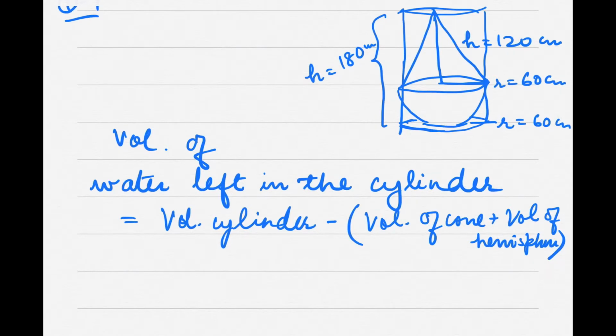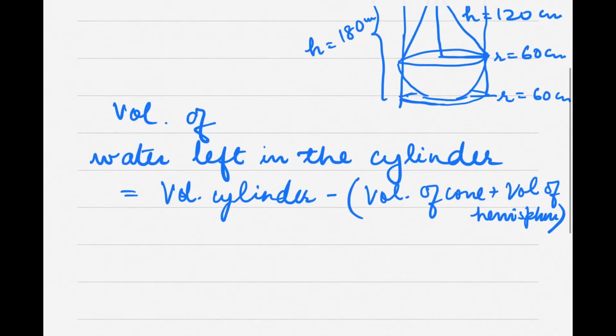So now let's write down the formulas for all. The volume of the big cylinder: there is one cylinder, so I can take capital R and capital H for its dimensions, to make a difference between those.